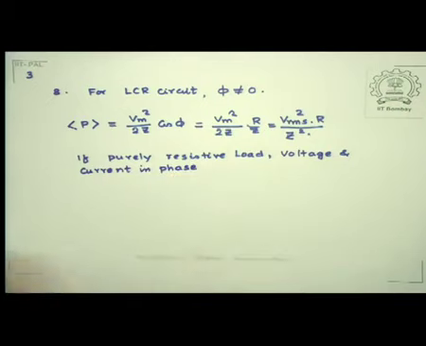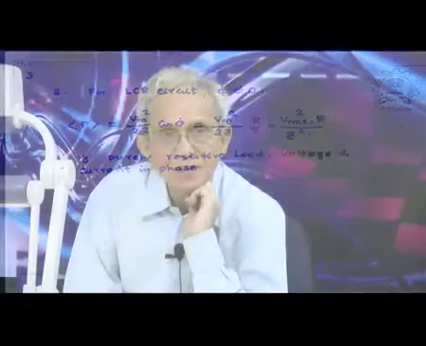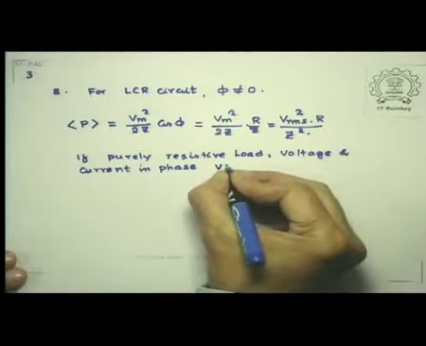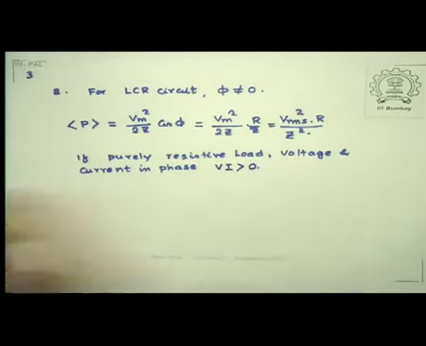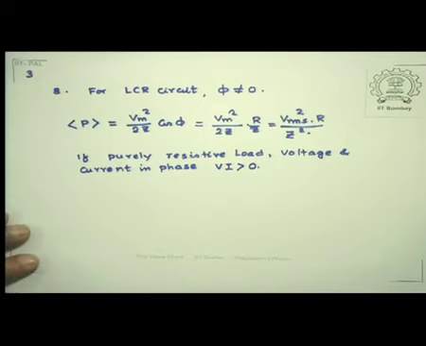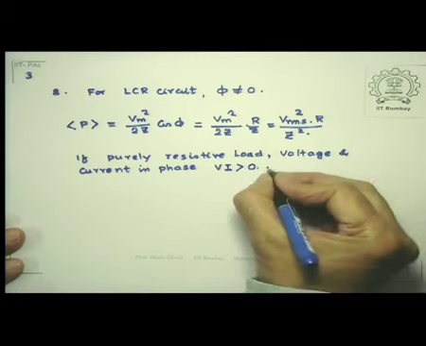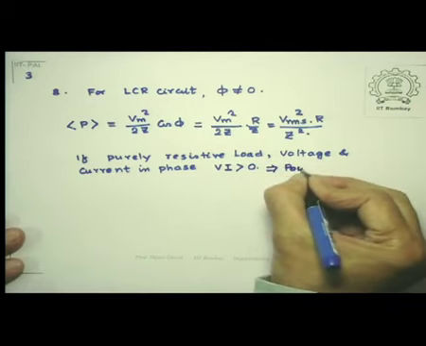Now if voltage and current are in phase, then the product VI, which gives me the instantaneous power, is always greater than 0, which means the power always flows into the load. So this implies power flows to the load.